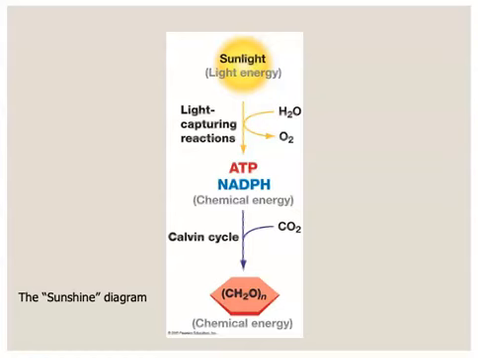The light-dependent reactions, which are depicted as light-capturing reactions in the drawing, are going to be used to produce ATP and NADPH. Along the way, water will be converted to oxygen. The ATP and the NADPH are going to then be used for the second set of reactions called the Calvin cycle. Those molecules, along with carbon dioxide, will be used by the cell to build carbohydrate.